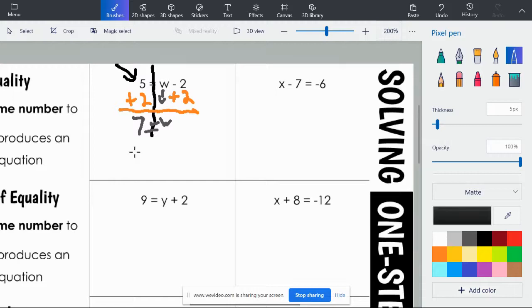Okay, the other side over here. Again, we can split this equation right on the equal sign, we have a left side and a right side. And what we're doing to the x is we're subtracting 7. The opposite of subtracting 7 is adding 7. Whatever we do to one side, we have to do to the other.